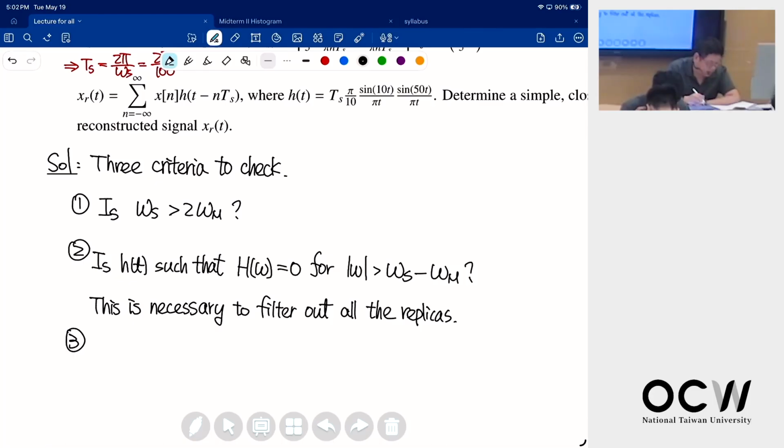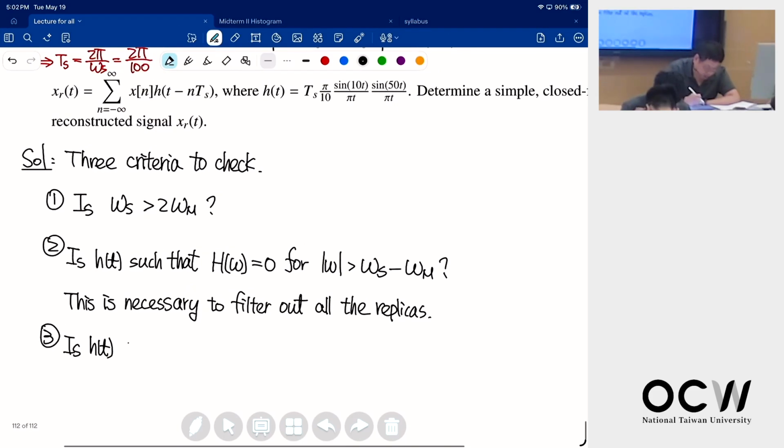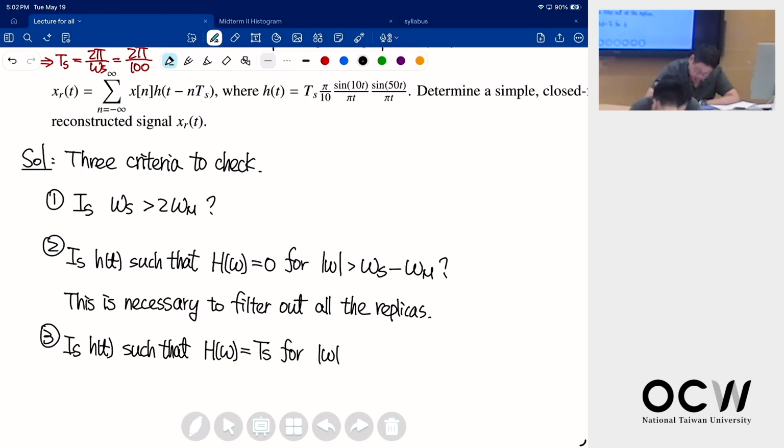And then, is this filter's height in your frequency domain Ts? Because I need to times Ts back so I can have the same magnitude back to the time domain.